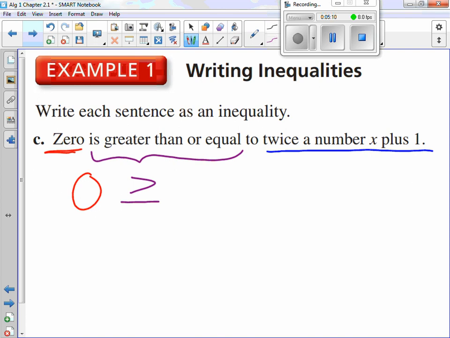Not by itself, but times it: 2x, and then plus 1. So 0 is greater than or equal to 2x plus 1. If we were going to multiply a number by itself, the wording would be the square of a number. Square is normally when we talk about to the power 2, so we have an x squared. Questions on this here?